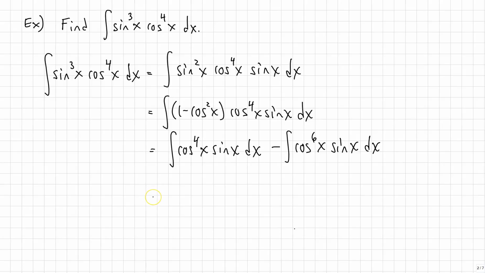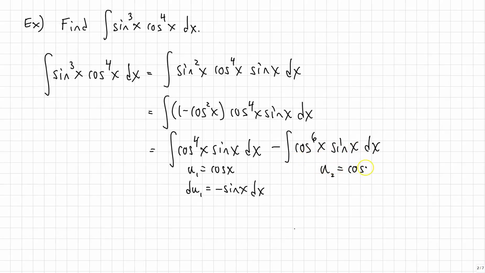And now for this first one, we can do a U substitution where U is cosine and its derivative, the differential of U, would be sine of x dx. And then for the second integral, we can do the same thing.